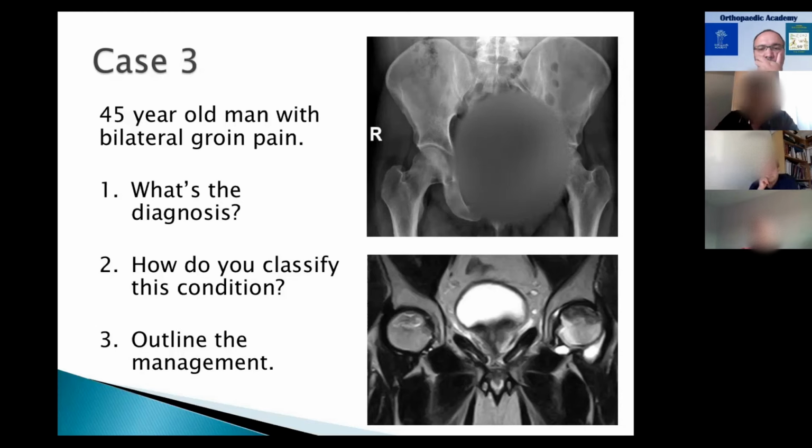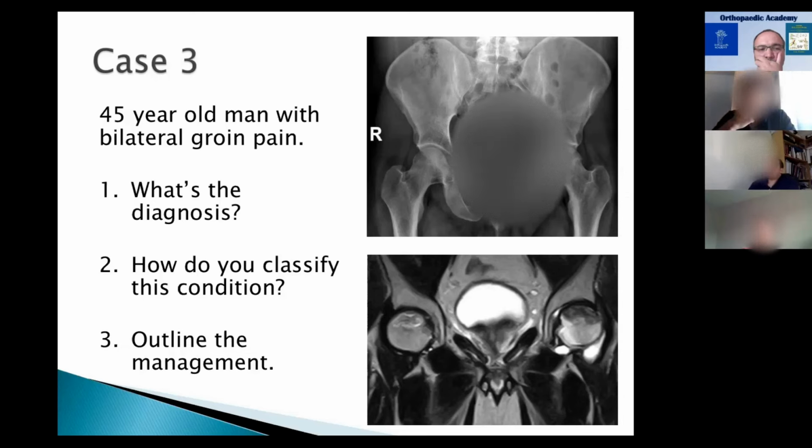In stage 2, there is sclerosis and fragmentation of the femoral head. Then it is divided into stage 2A and 2B. In 2B, the crescent sign is present, where there is subchondral collapse. And then in stage 3, there is further fragmentation of the femoral head. Then in stage 4, it's complete arthritis on the femoral as well as on the acetabular side.